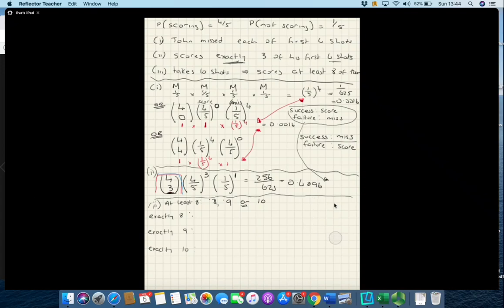Okay, so let's do that. Exactly 8: we have 10 shots, so out of the 10, I want to score 8 of them. The probability of scoring is 4/5, and I want to score 8 of them, so for the last 2, I must be missing them.